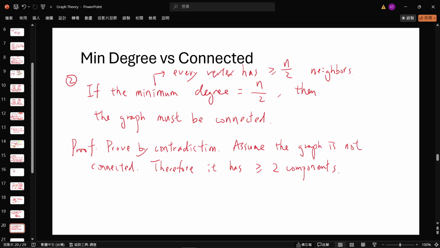Okay, so if a graph is connected, then it has exactly 1 component. Okay, and whenever you have 2 or more components, well, this is not connected. So the graph we have has 2 components. At least, okay.